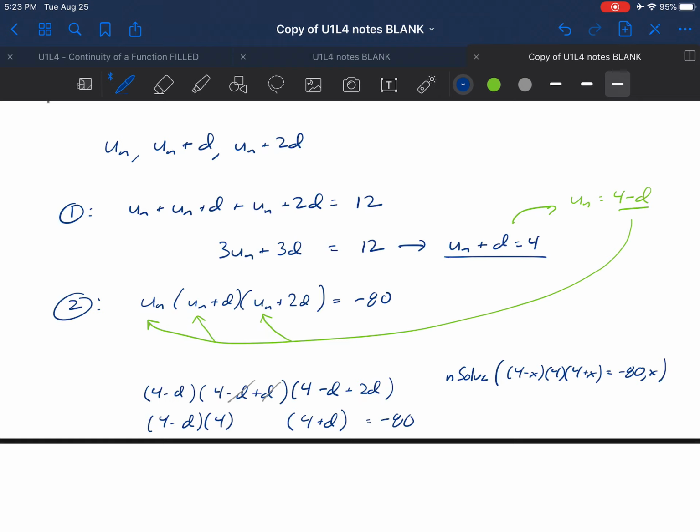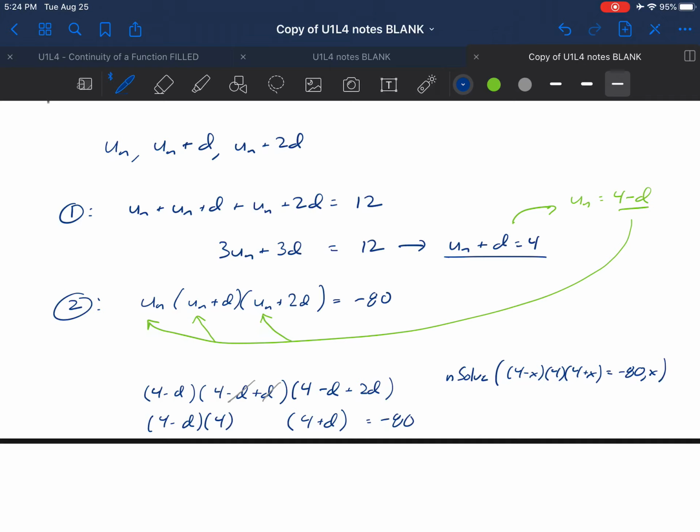All right, so let's nSolve this thing. Menu, algebra, numerical solve, and we want in parentheses 4 minus x, times 4 plus x, is equal to negative 80. I better make that a negative and not a minus, because otherwise it will not solve. Then I put my comma, put x, hit enter.